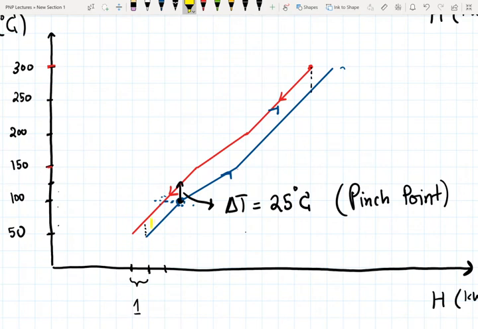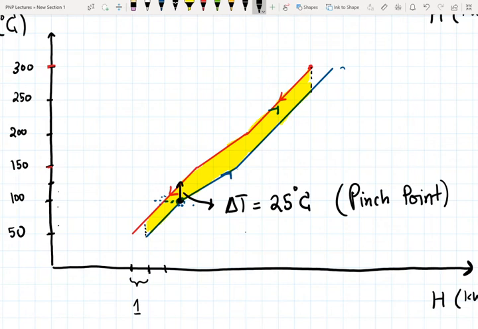The area in yellow is the temperature range and the enthalpy range over which you can exchange energy between both the hot streams and the cold streams.